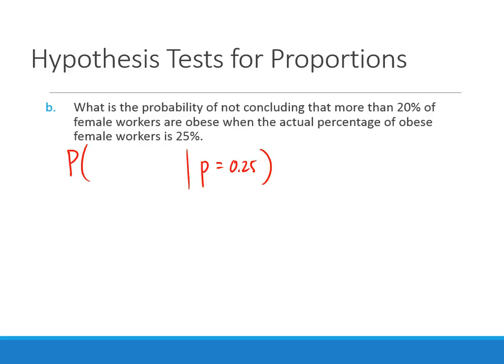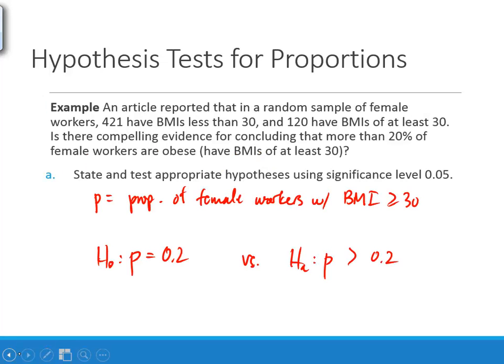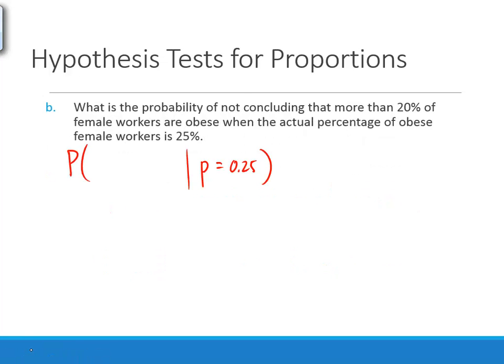So I want the probability of not concluding that more than 20% of female workers are obese. So what is that in terms of my hypotheses here? Yes, exactly. So that's concluding. So not concluding that more than 20%. So that means I've sort of gone with the fact that p is less than or equal to 0.2.